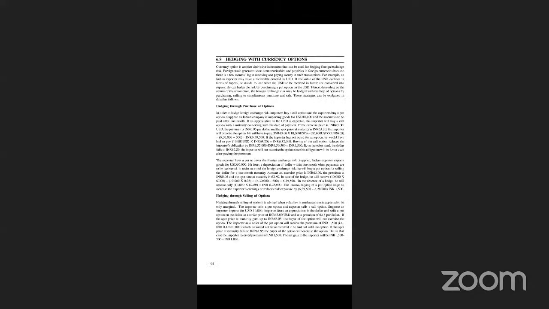Whereas in hedging through selling options, the importer sells a put option and the exporter sells a call option. Okay, so it is a very small, thin line of difference which one has to understand: hedging through purchase of option and hedging through selling of option.